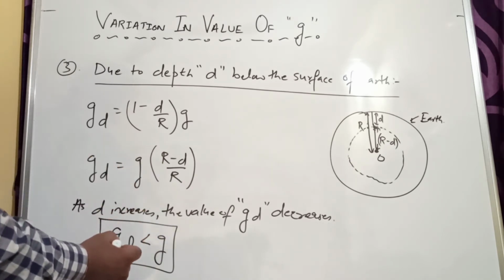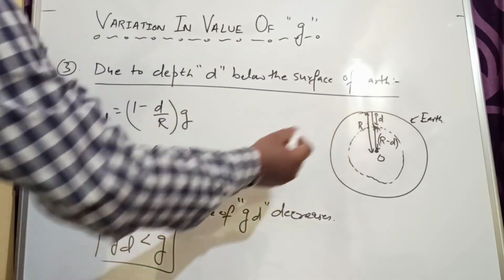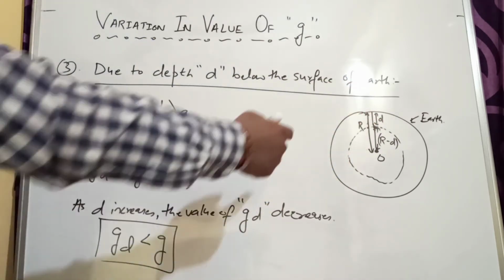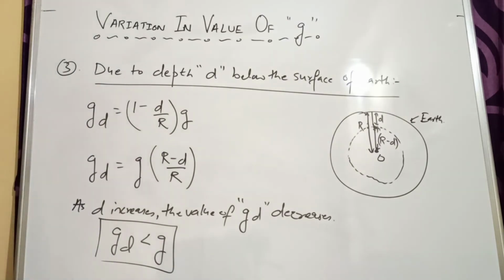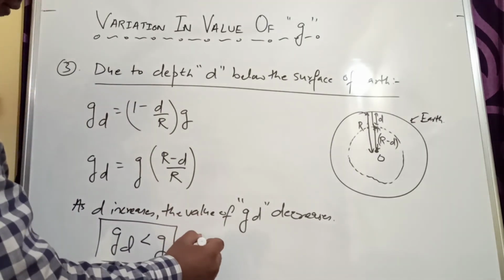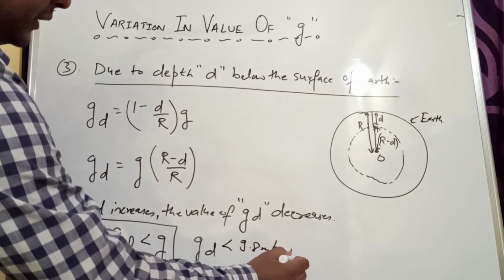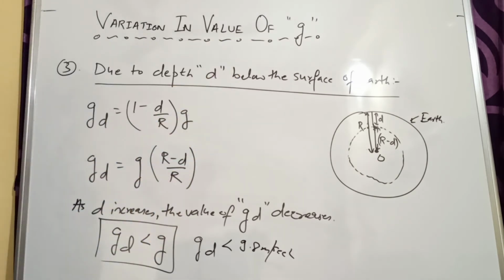So the value of g at a depth d will be less than the value of g at the surface of Earth. So again you are getting that g_d, the value of g at any depth, is less than 9.8 meter per second square, which is at the surface of Earth.